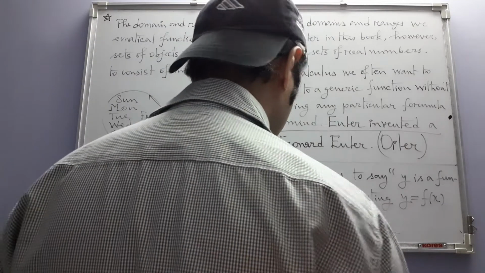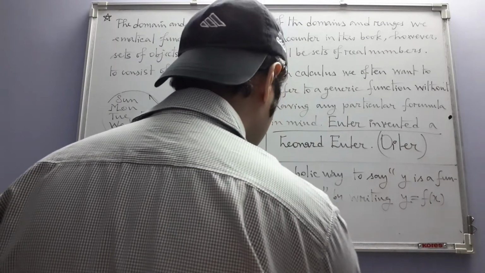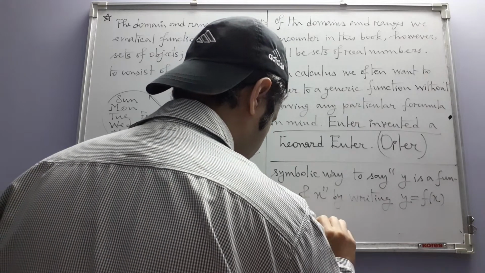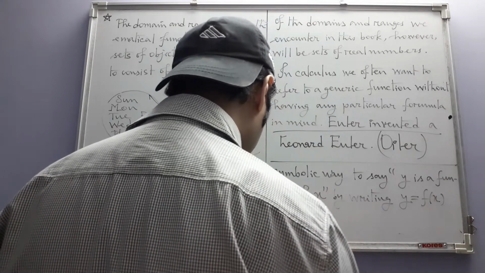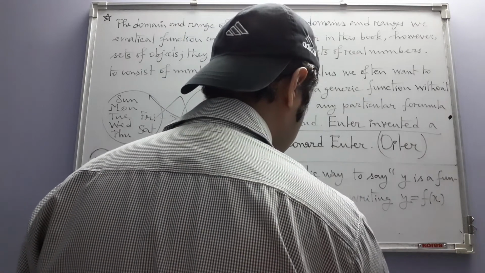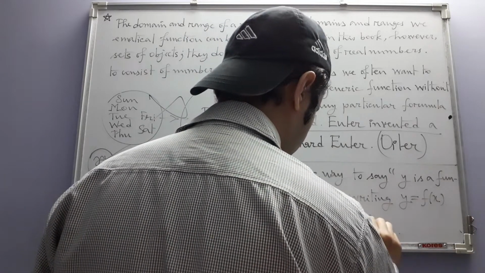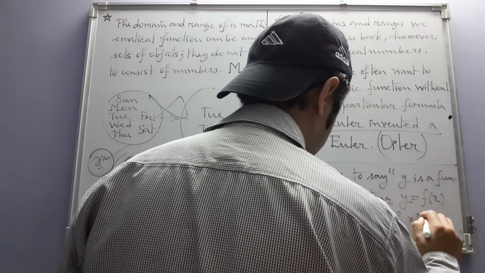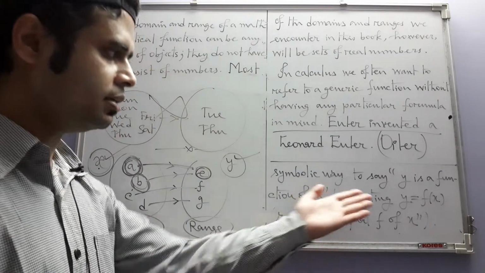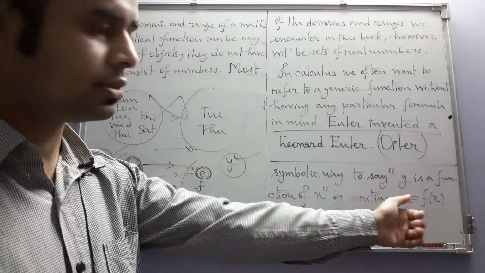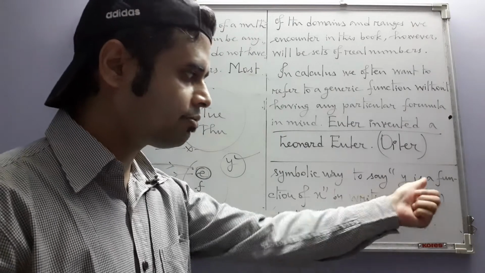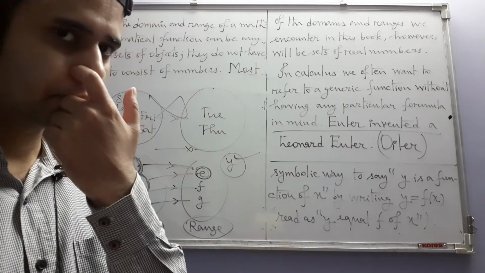Okay, and this itself is read as y equals f of x. That's how we read it when we see something like this. Y equals f of x. Y is a function of x. Okay.